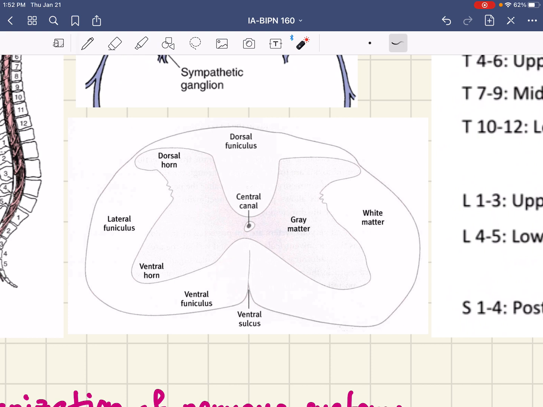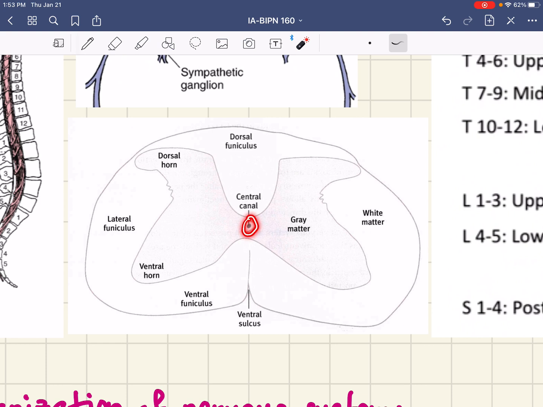Okay, the dorsal horn of the gray matter of this butterfly contains cell bodies of neurons that are sensory information carriers. And then the ventral horn contains cell bodies of neurons that are motor neurons. Okay, in the middle over here we have the central canal.